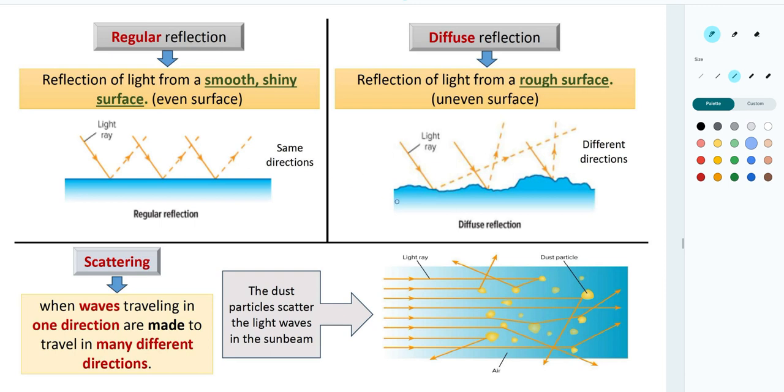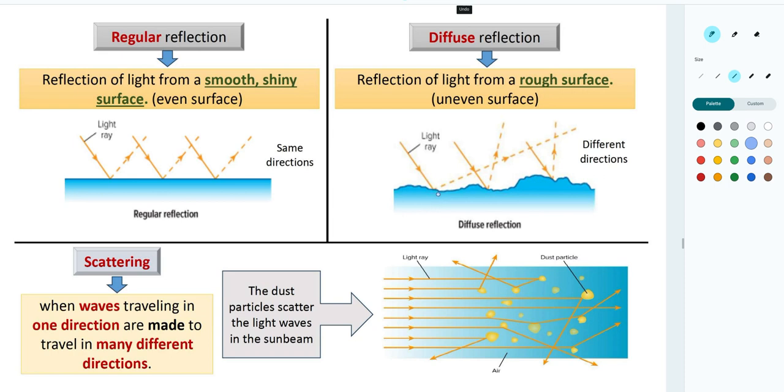Here we have diffuse reflection. Diffuse reflection happens on a rough or uneven surface. So this is a rough surface. It's not smooth like this one here. So on this rough surface, we have diffuse reflection. The angle of incidence for each of these is still equal to the angle of reflection.